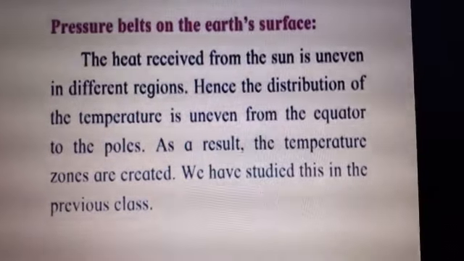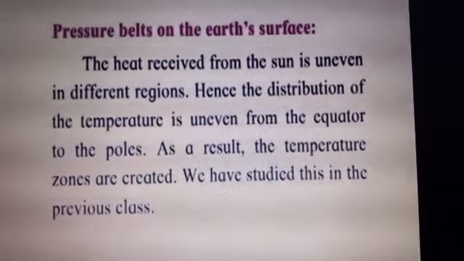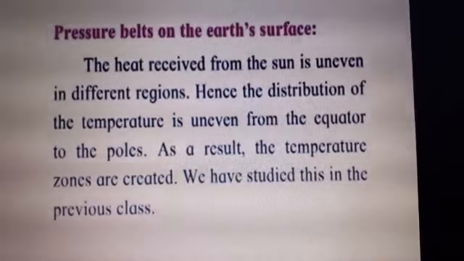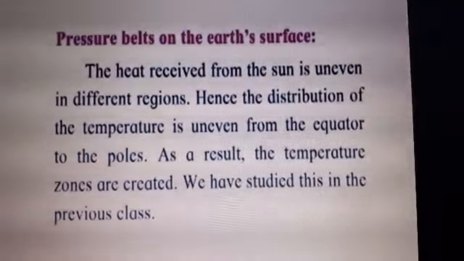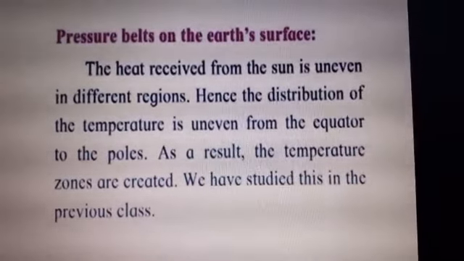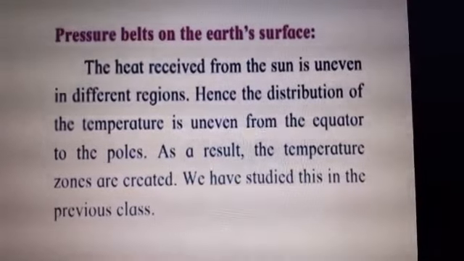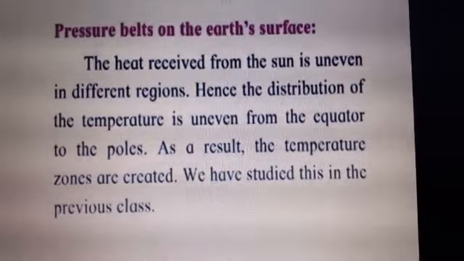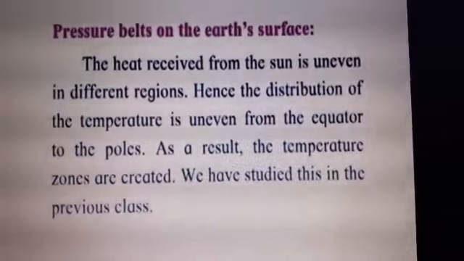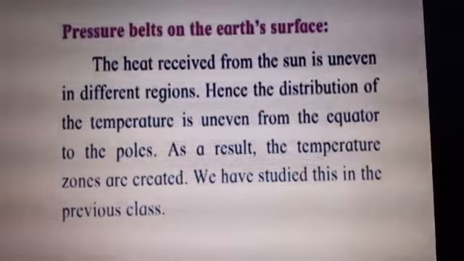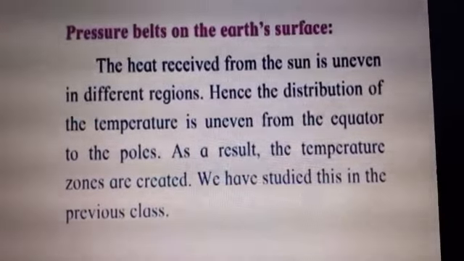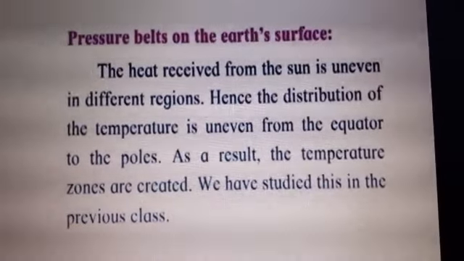As heat is not the same everywhere, the temperature also is not the same everywhere on the Earth. As a result, the temperature zones are created. We have studied this in the previous class.